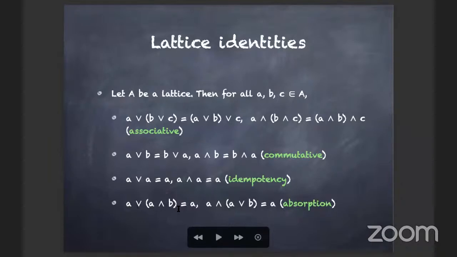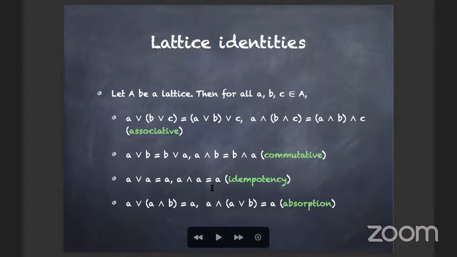A join (A meet B) is nothing but A, and dually A meet (A join B) is nothing but A. It can be easily derived from the proposition we just saw, because A meet B is of course less than or equal to A, which means that A join (A meet B) has to be A. That is how we get the absorption.